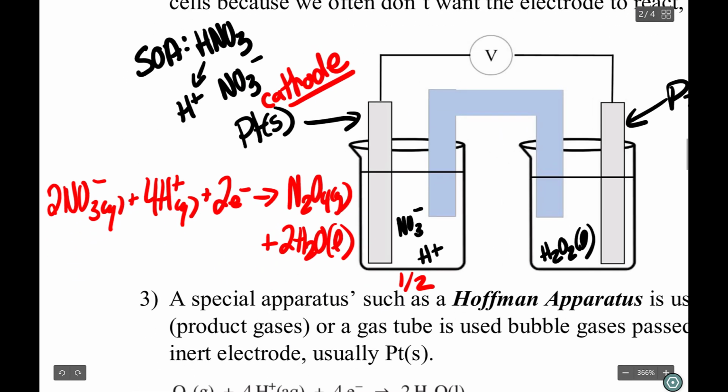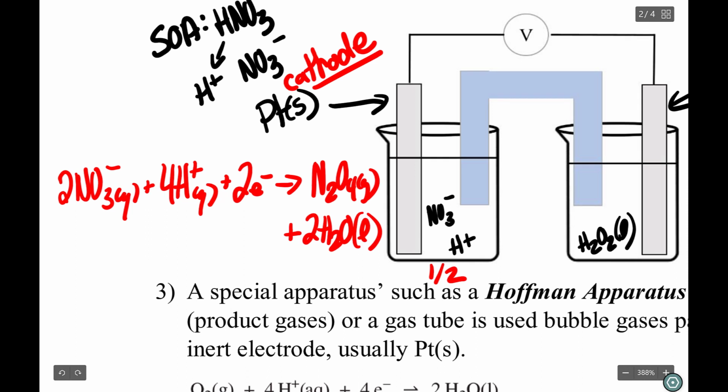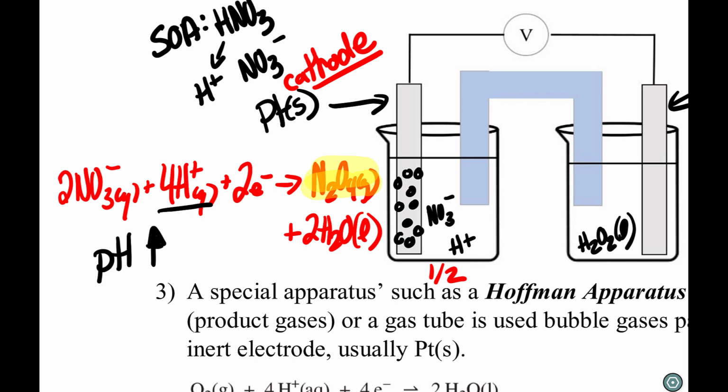So the evidence that I would see here is the production of gas, and on that electrode you would start to see bubbles forming. I would also see a pH increase because I have consumed this hydrogen ion here. There is no gain in mass because there is no solid forming.